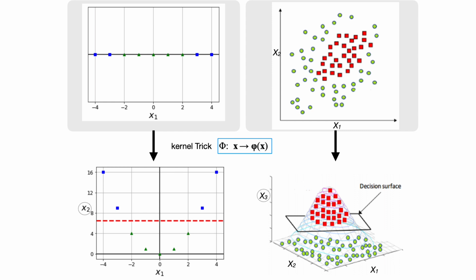So for instance, the first one goes from one-dimensional space on the left to a two-dimensional space. And the second goes from two-dimensional space to a three-dimensional problem. And so the goal is that after the transformation to the higher dimensional space, the classes are now seemingly linearly separable in this high dimensional feature space.